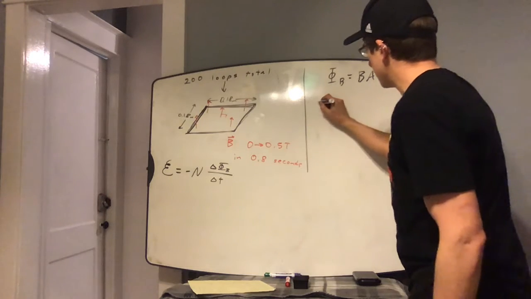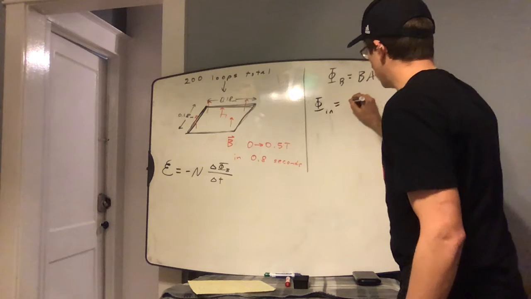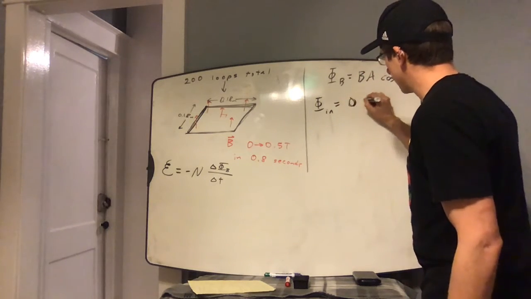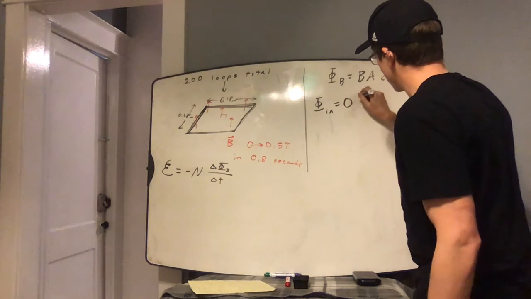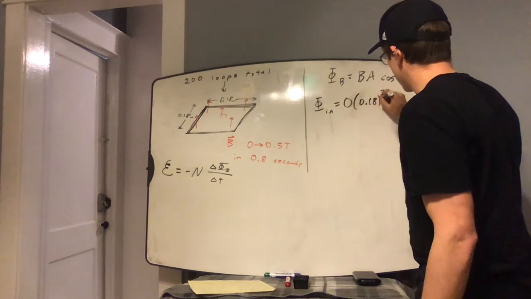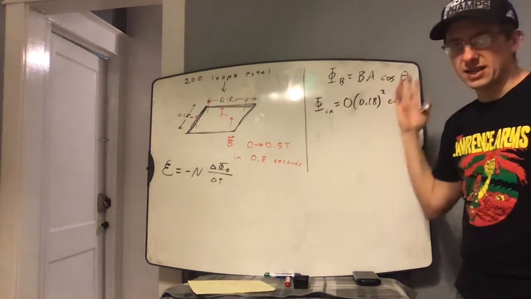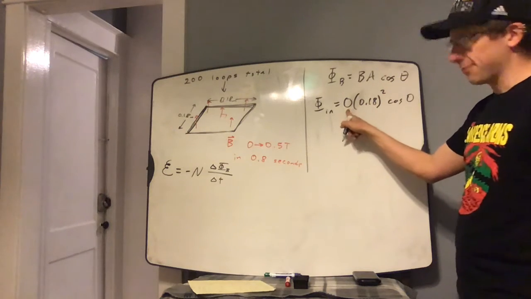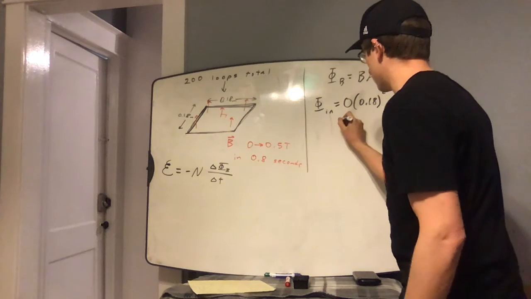So I could say the initial magnetic flux, I'll call that phi initial, would be the initial magnetic field, which is going to be 0, times the area, 0.18 squared, times the cosine of 0. Because the magnetic field initially is 0 anyway, phi initial is just going to be 0.